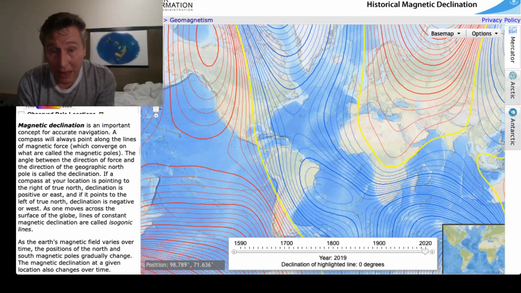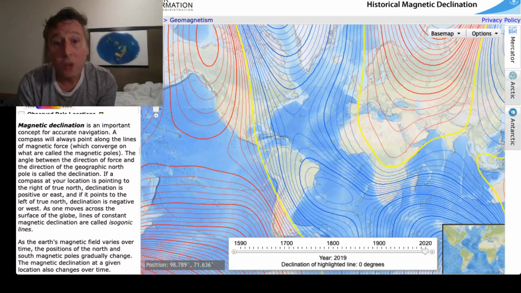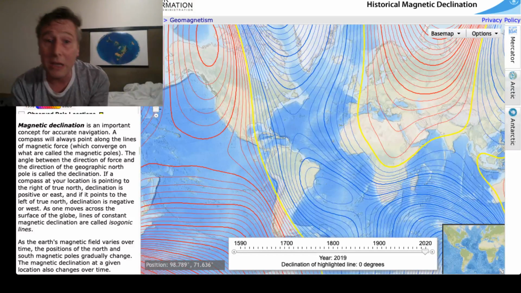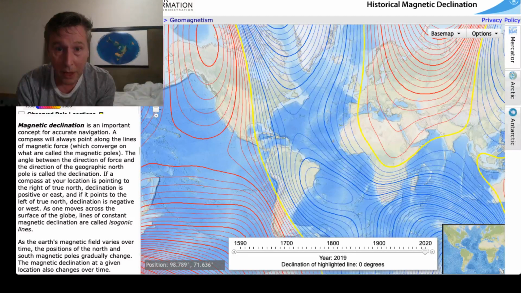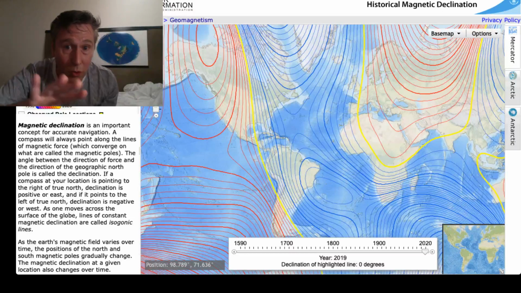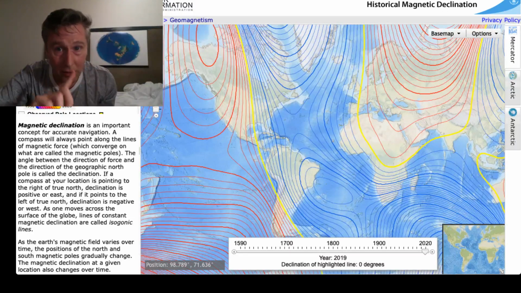Because if you went straight ahead, you'd cross into a region that has a different declination. You'd cross into the blue region, and that region has a declination that's not to the north. This is all misleading, by the way, I'm telling you, just so you know.